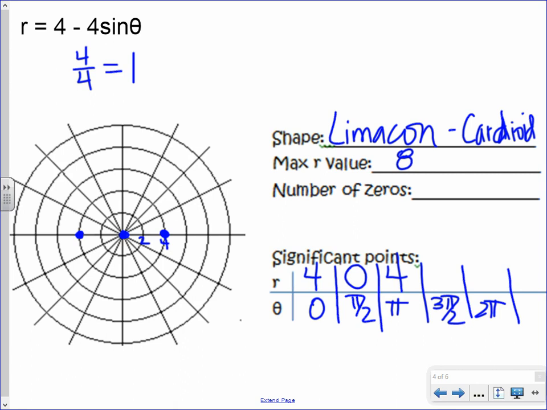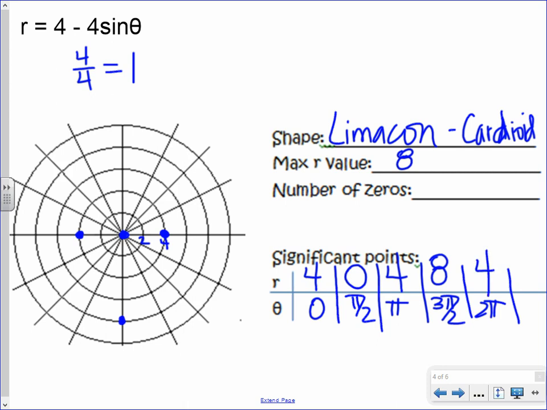That looks pretty boring so far. 3 pi over 2. What is the sine of 3 pi over 2? -1. So we have 4 minus 4 times -1. There's where we get the 8. And then, of course, at 2 pi, we're going to come back to an R value of 4.